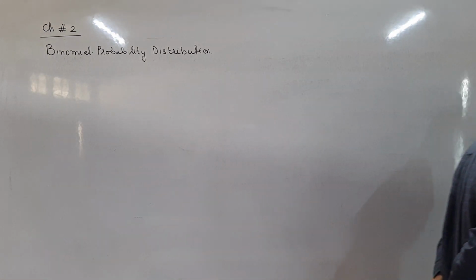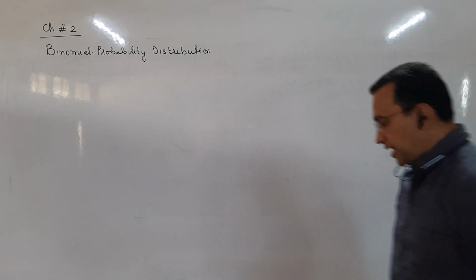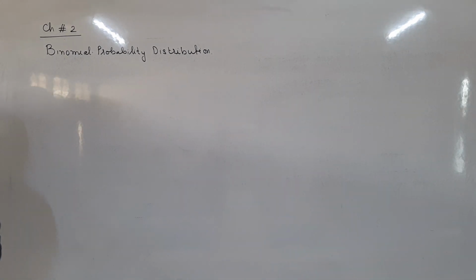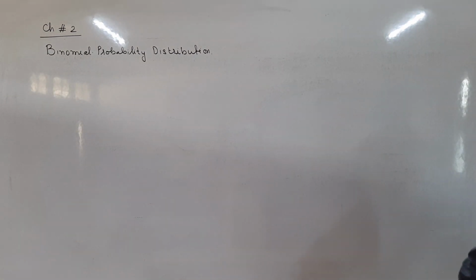Then, students, what is a continuous random variable? A random variable which can assume any value in the set R, or any value in an interval which is a subset of R, is called a continuous random variable. I repeat, a random variable which can assume any value in the set R, or any value in a specified interval subset of R, is called a continuous random variable.